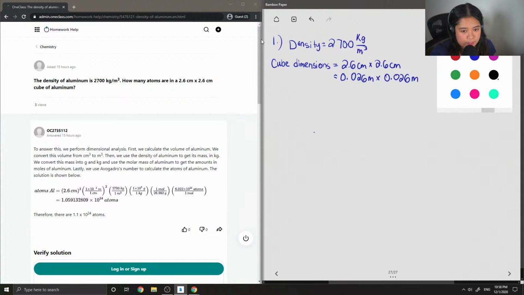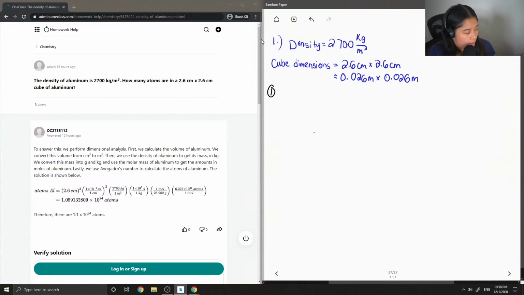Like I mentioned earlier, this is a multi-step question. The first step is to find the volume of the cube. This is just simple math.